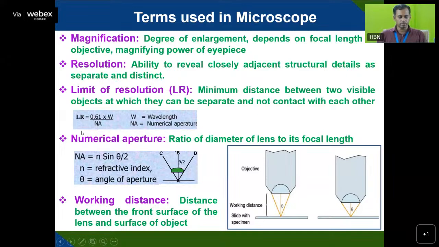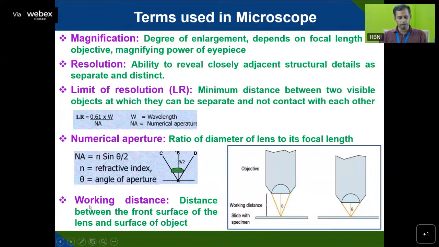Numerical aperture is the ratio of the diameter of the lens to its focal length. So N A is equal to n sine theta by 2, where n is the refractive index and theta is the angle of aperture. You can see theta by 2 here, depending upon the ratio of the diameter of the lens to its focal length. That is called numerical aperture.